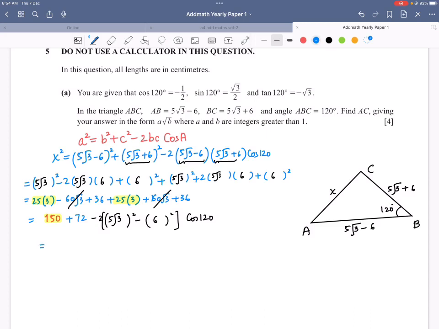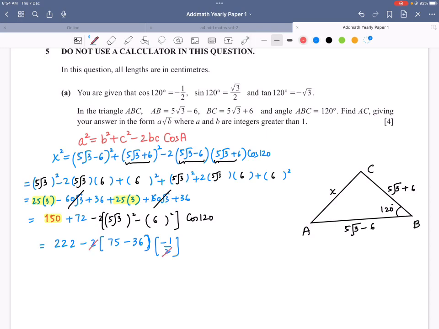So 150 plus 72 is 222. 222 minus 2 times, as it is, 5 root 3 squared, that means 25 3s are 75 as we had done previously, minus 6 square is 36, and the value for cos 120 is negative 1 over 2 as given in the question.